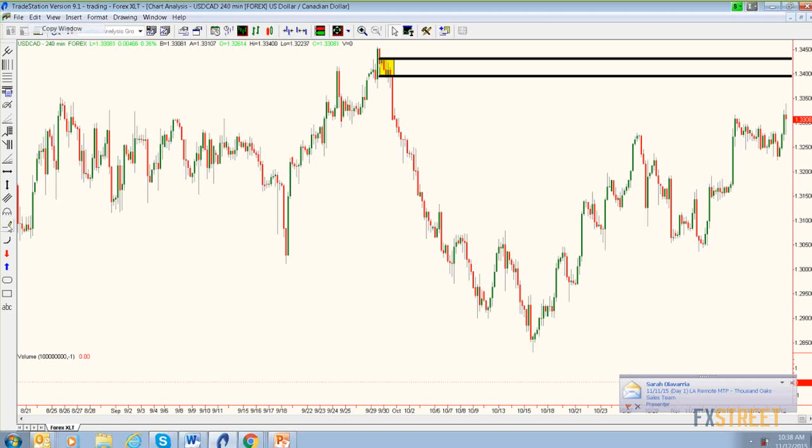Okay, so there's really two levels in here on top of each other. Okay, so if the Canadian gets up to that level, well, let's look at the level itself first.